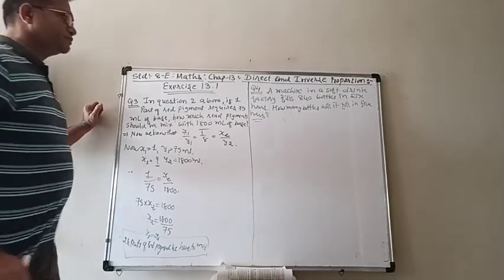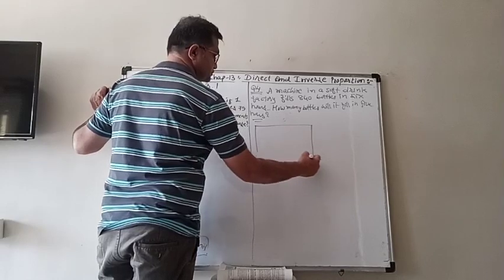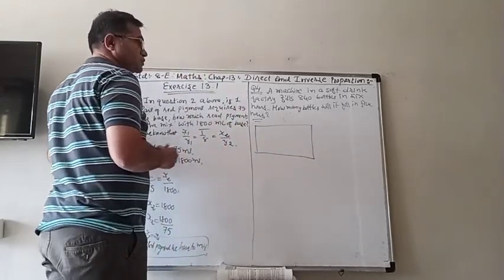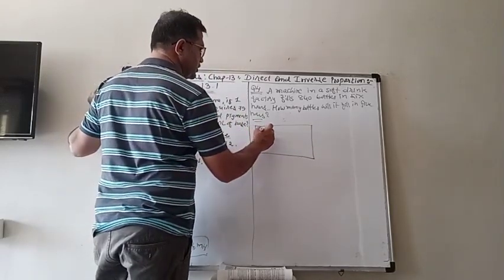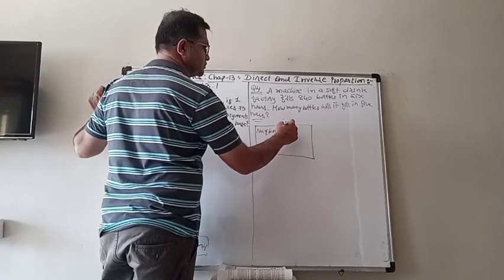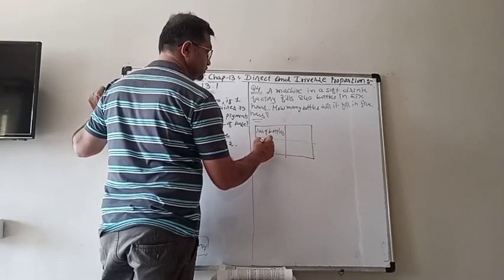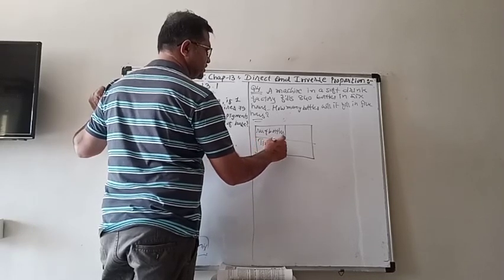So now here we can make a table here. Number of bottles and time taken.